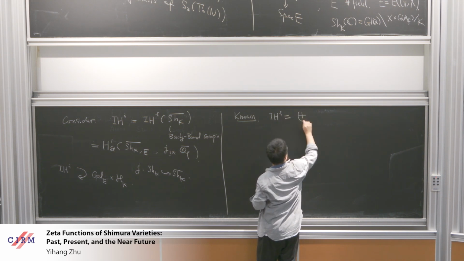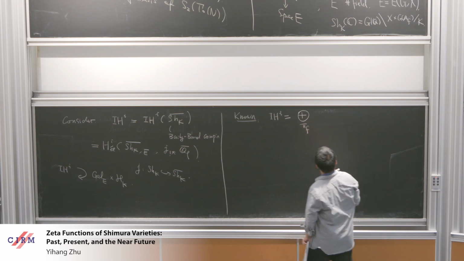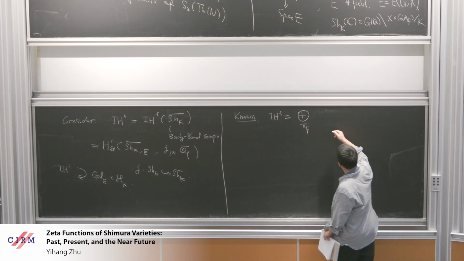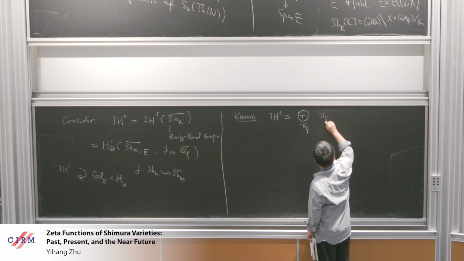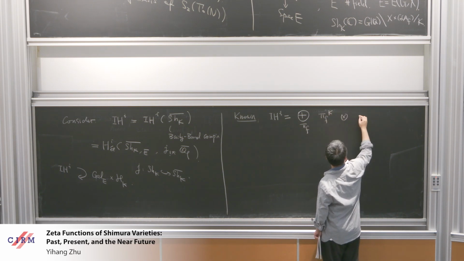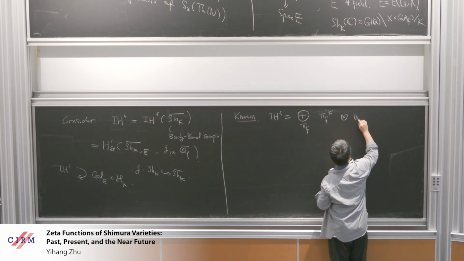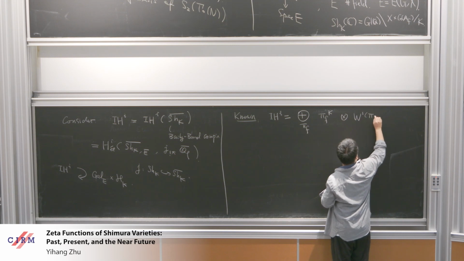You can decompose it into a direct sum indexed by pi_f of the K-fixed parts of pi_f, tensor with some multiplicity space, which I denote by W^i(pi_f).